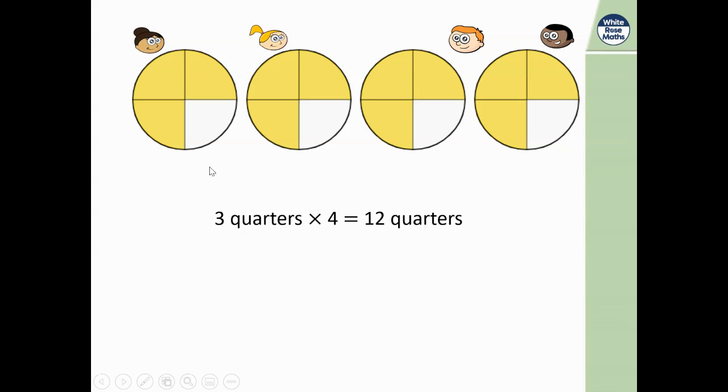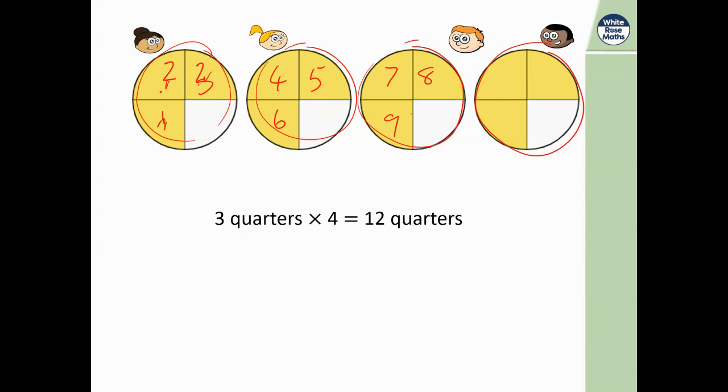Each time there are 3/4, 1, 2, and 3. And we're timesing by 4 because we've got 4 pieces of cake. So 3 times 4 is 12 quarters. You could count them up if you wanted. 1, 2, 3, 4, 5, 6, 7, 8, 9, 10, 11, and 12 quarters is what we end up with.